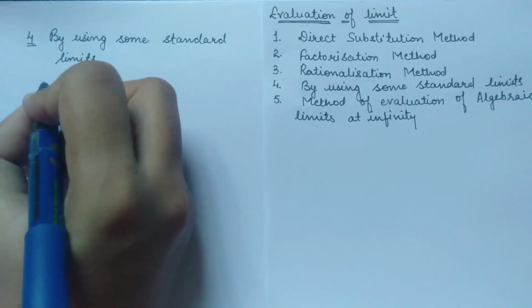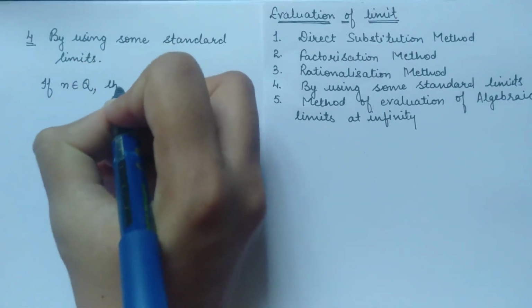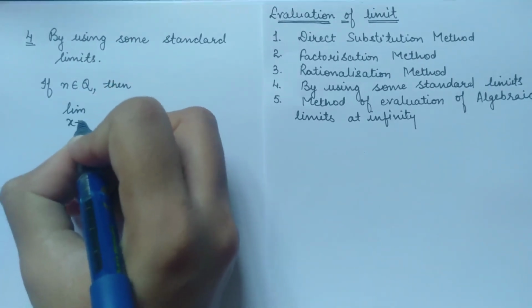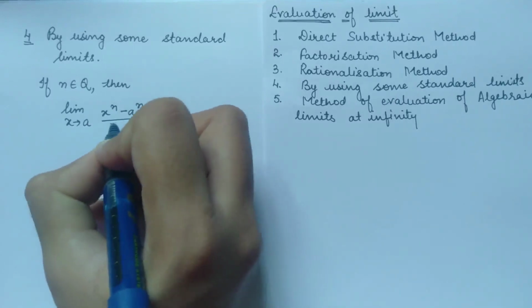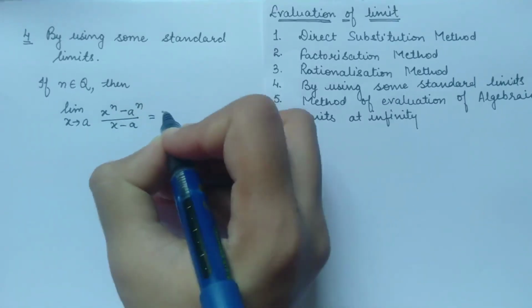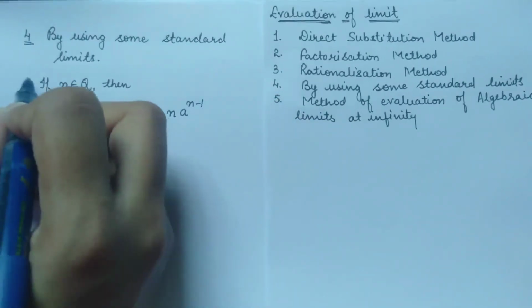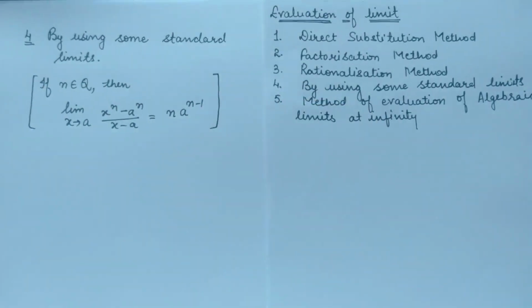If n belongs to Q, then limit x tends to a of (x power n minus a power n) divided by (x minus a). So this is a standard result. It will become n into a power n minus 1. This is a standard limit.